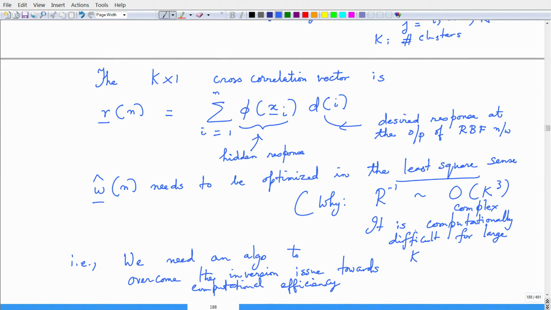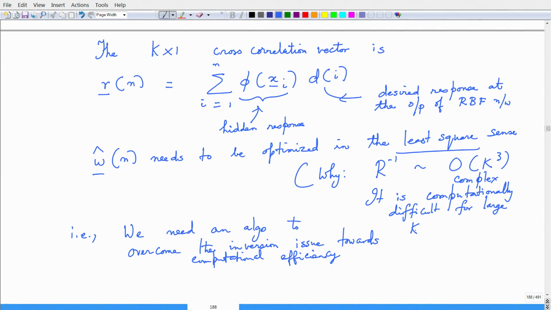So, therefore, this inversion has to be order k cube, consistent with the size of the matrix that we have here. So, let us proceed with the details.